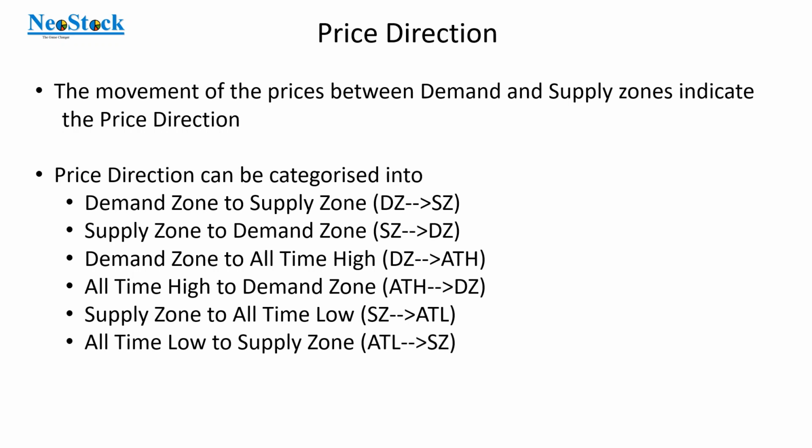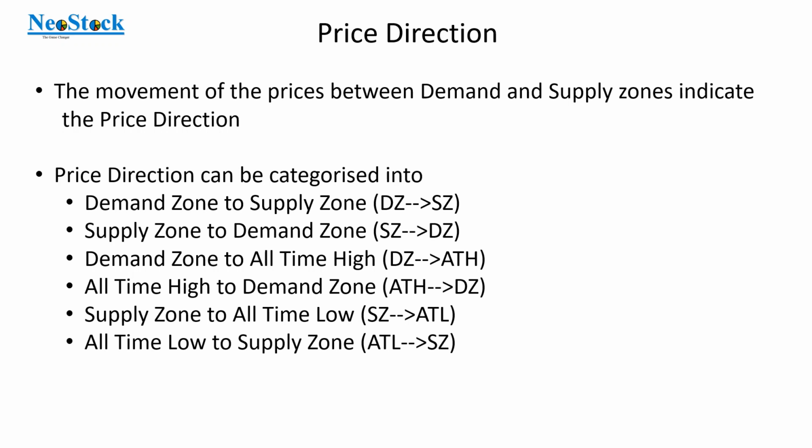See, there are all-time high and all-time low scenarios also. When prices reach the all-time high, there is going to be some end point, so from there prices will go back. How will they go back? Prices will be moving from all-time high to demand zone. There could be an all-time high demand zone.